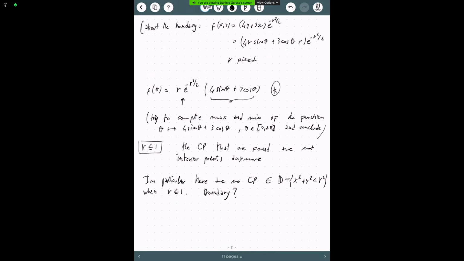The function at the boundary of the disk is equal to essentially r e to this constant term, and then you have 4 sine theta plus 3 cosine theta. And then you have to maximize this function in theta.